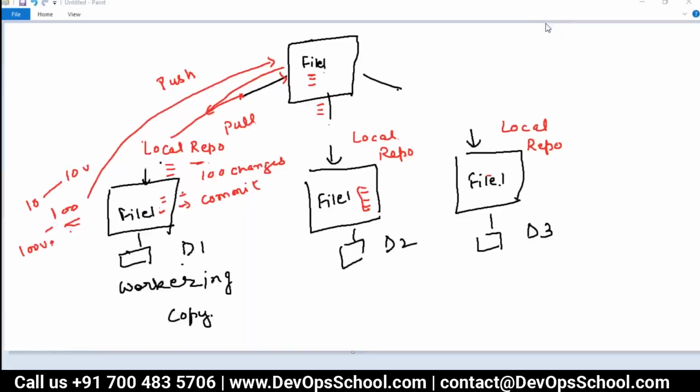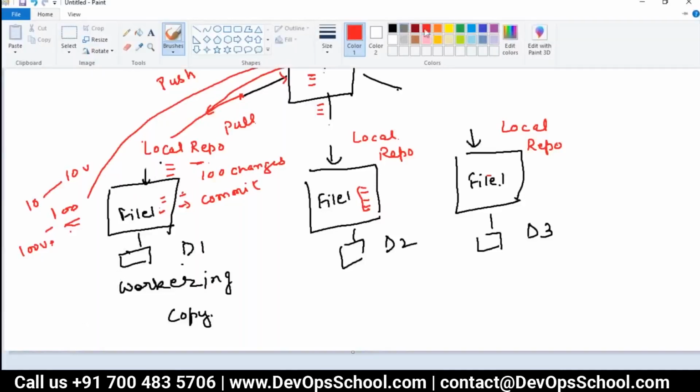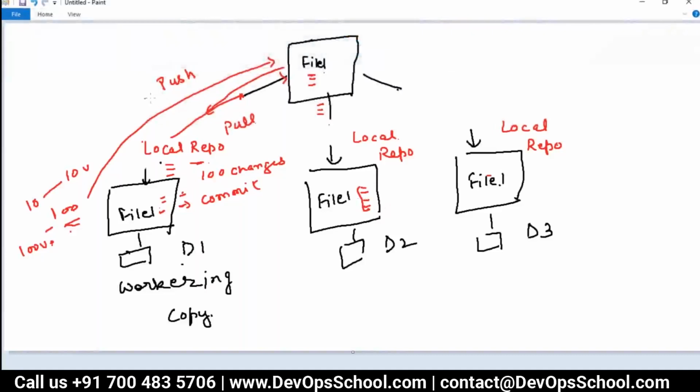So in distributed version control system, we are going to use the local repository as well as the central repository. For the local repository, we are going to use the tool which is Git.